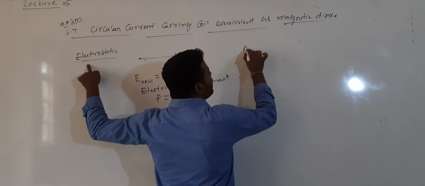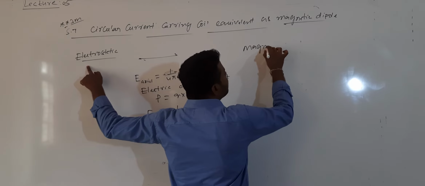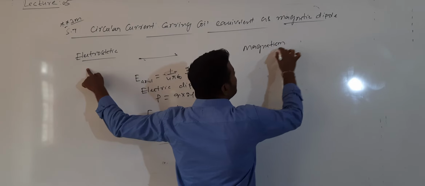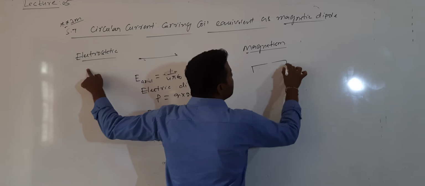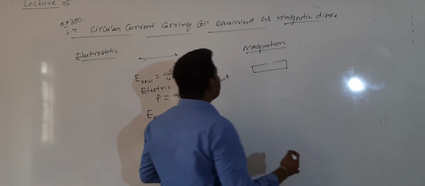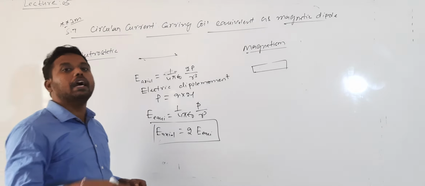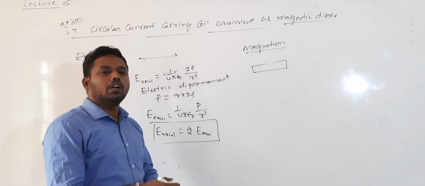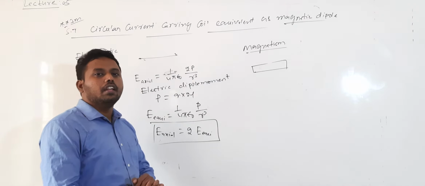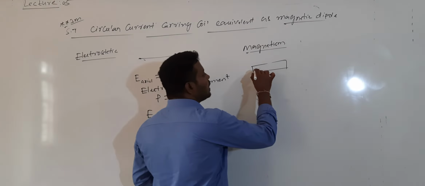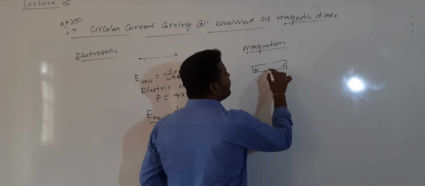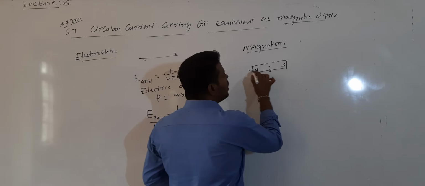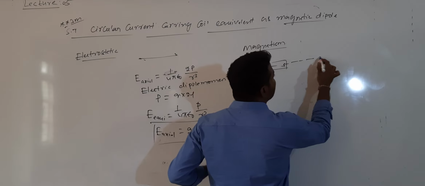In the next chapter, magnetism, we will derive the expression for magnetic field induction due to a magnetic dipole. Every magnet has two poles, a north pole and a south pole. This is the center and this is the axis of the bar magnet.